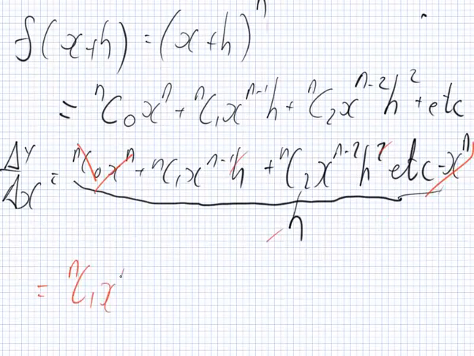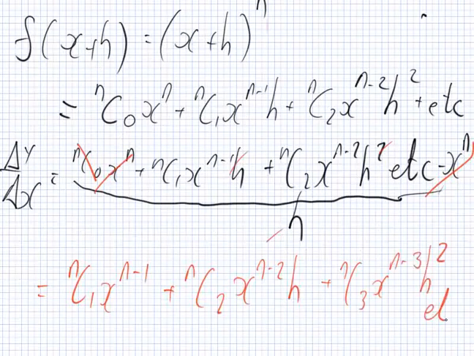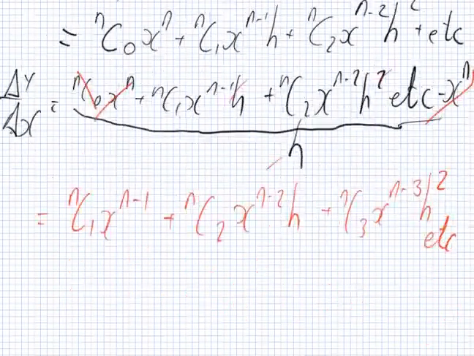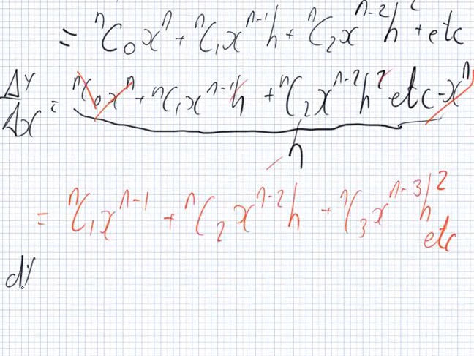nC1 x^(n-1) plus nC2 x^(n-2) h plus nC3 x^(n-3) h squared, etc. Now, how do I change from secant to tangent? Make h zero. So you'd end up with this. dy/dx, well, they're all gone because they're all 0, is equal to nC1 x^(n-1).